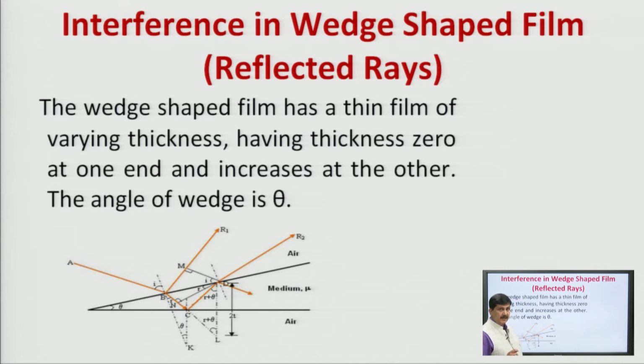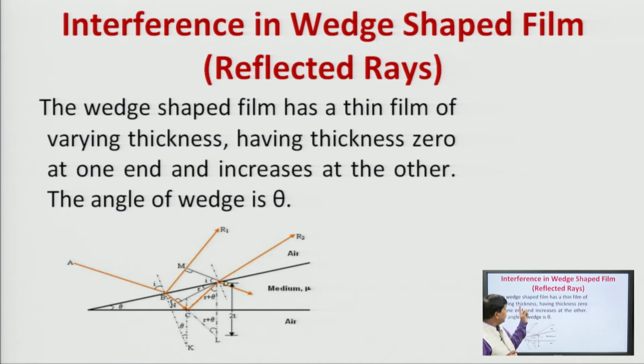Wedge shaped film means two planes intersecting each other at a small angle theta and consisting of some transparent medium of refractive index mu. This is our wedge shaped thin film.